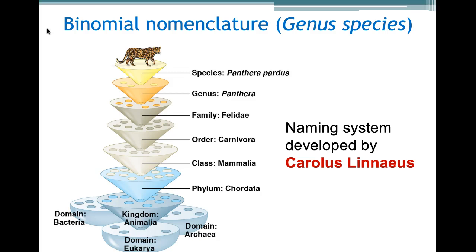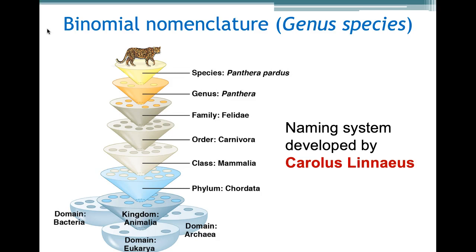Then we have kingdom, the animal kingdom versus plant kingdom, and the leopard at the top is in the animal kingdom. Getting more specific, phylum Chordata is for those organisms which have a spinal cord in their nervous system.